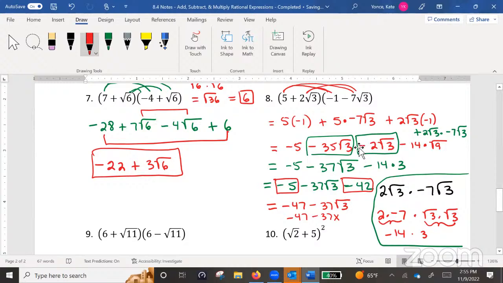I was able to put these two together because they were like terms, but these two are not. This is a constant and this one has a radical. Does that make sense? Just always remember like terms. We can only add like terms.